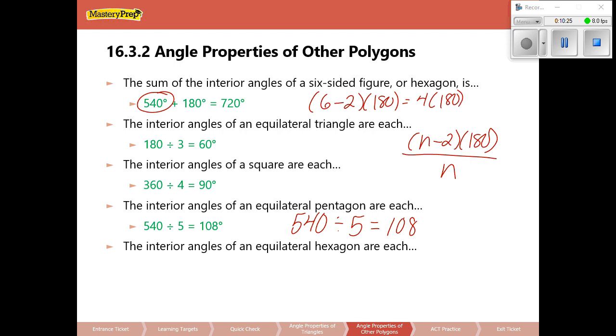N minus 2 times 180 is the sum of the angles. We can divide it by how many we have, n, and get each one. We can do the same thing for a hexagon. So we take 720 and divide it by 6 to get that each one of the angles is 120. Questions on this here?